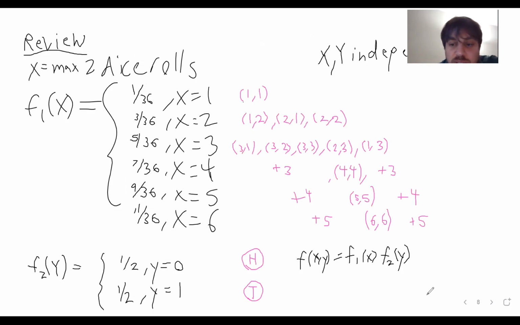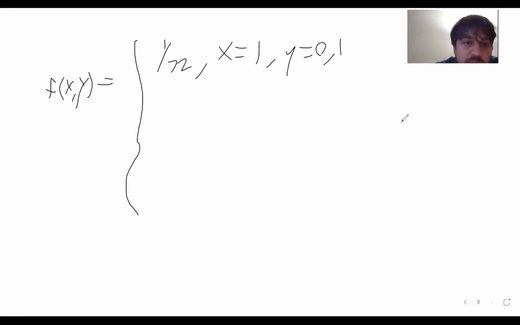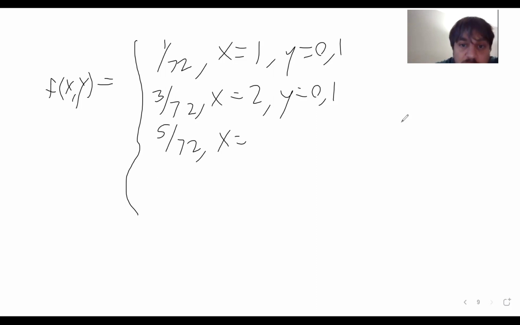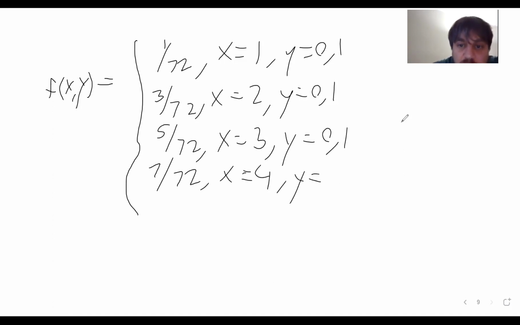Okay, and so you just do that for each of the other ones. And so this is 3/72 for x equals 2 and y equals 0 or 1. And then you have 5/72 for x equals 3 and y is 0, 1. And then you have 7/72 for x equals 4 and y is 0, 1.